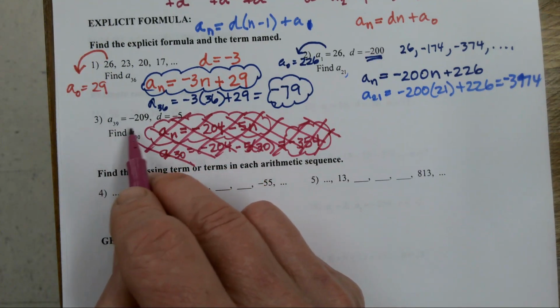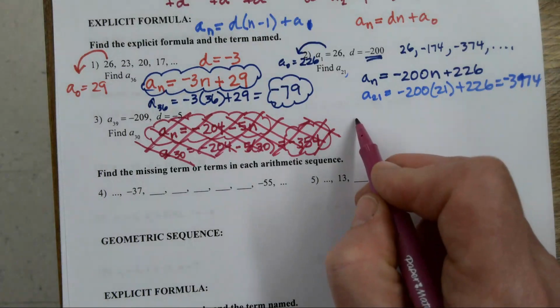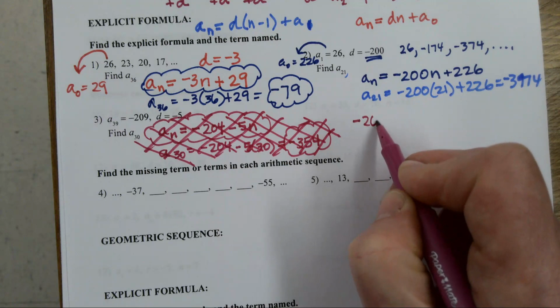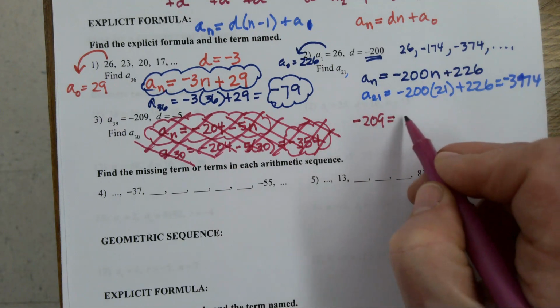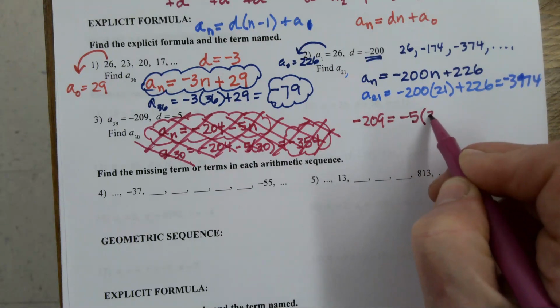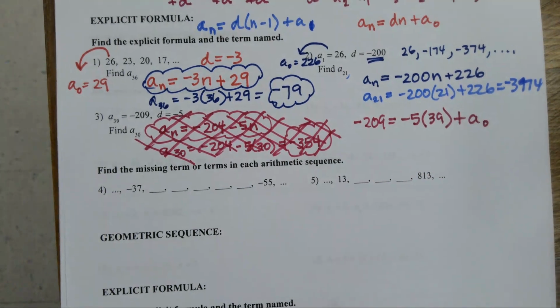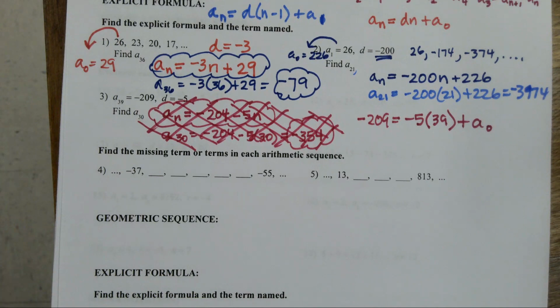So we have a sub 39 is negative 209. So what I need to do is find a sub 0. So negative 209 is equal to negative 5 times 39 plus a sub 0. So this is a way different look at it. Sorry about that again. So I'm going to have to do the math on this one here.